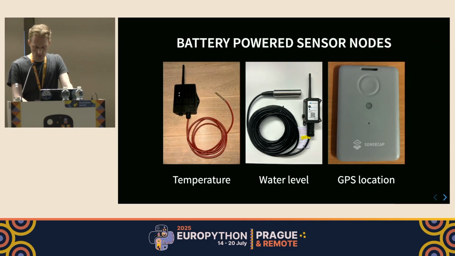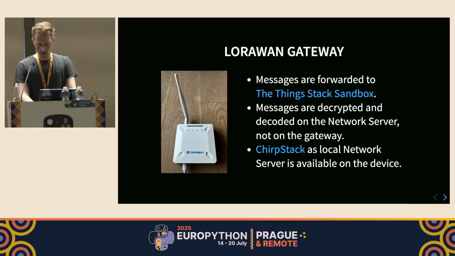Its low energy consumption means that the battery of a sensor node measuring temperature or water level may last for several years. However, a GPS tracker may only last for a few days depending on the update rate. Typically, the infrastructure consists of gateways that receive sensor node messages and forward them to the network server.